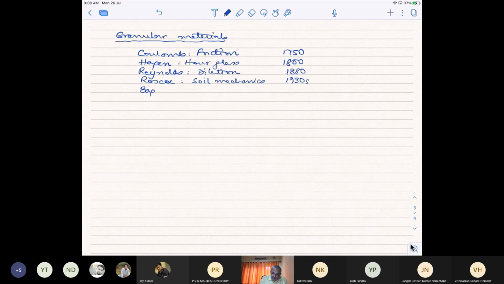And then Bagnold, he looked at flow, actually rapid flow, and that was in 1954. He was looking at the flow of sand, and he came up with the first theories.